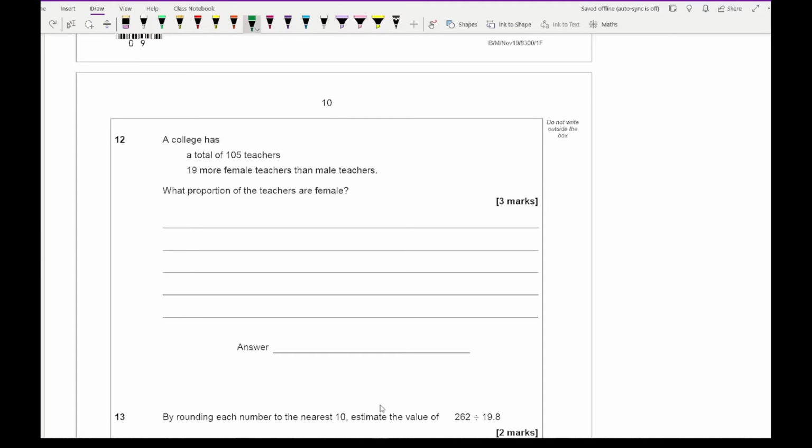So if we said that there are X number of male teachers, then as it states here that there are 19 more, the female teachers will be X plus 19.